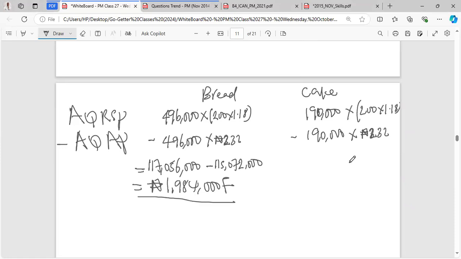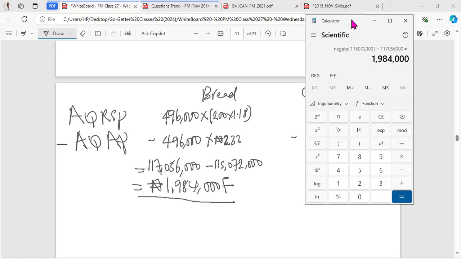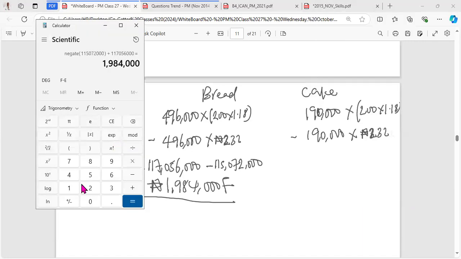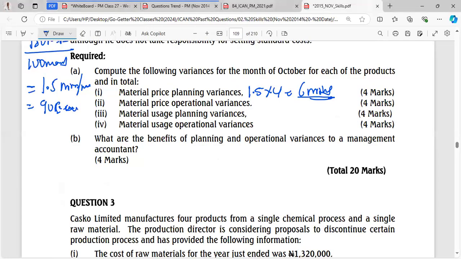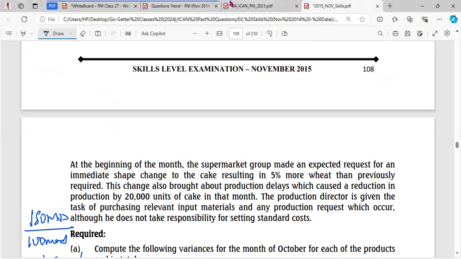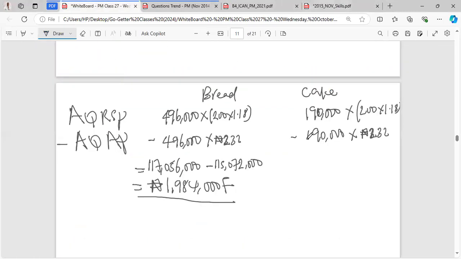So let's look at cake. How will cake fare? Is it 190 or 196? Let me check again. 190, okay. I don't know why I was doubting myself. Somebody has calculated 200 times 1.18 as 236. No problem.